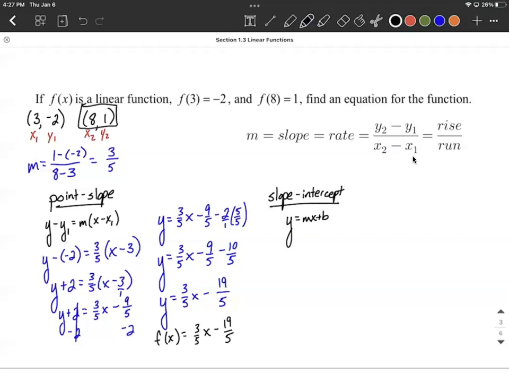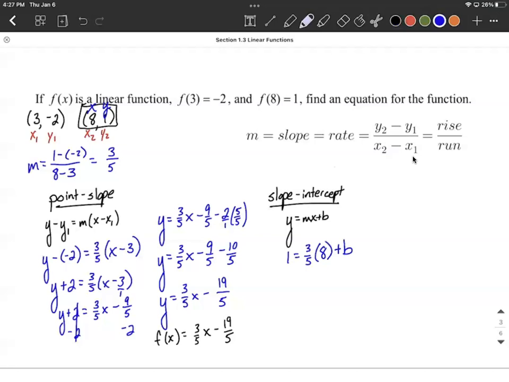Nothing important about why I'm doing that. You could use the first ordered pair just as easily, but 8 is going to be an x value and 1 is going to be a y value from that ordered pair. So into our equation, we can say y value is 1 from that point. M was 3/5 from that first calculation we did. And then x was going to be 8.